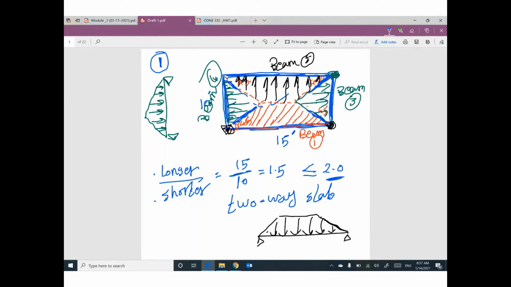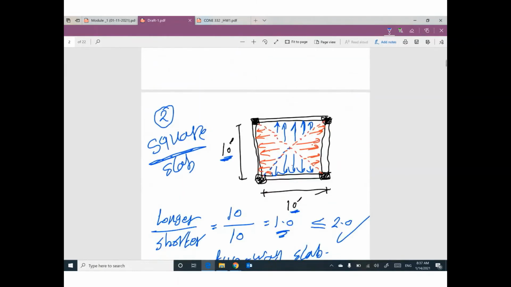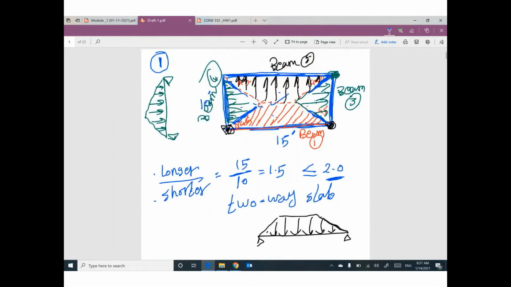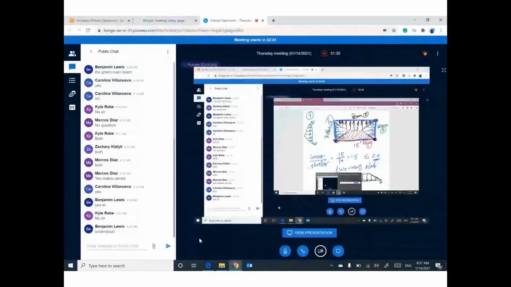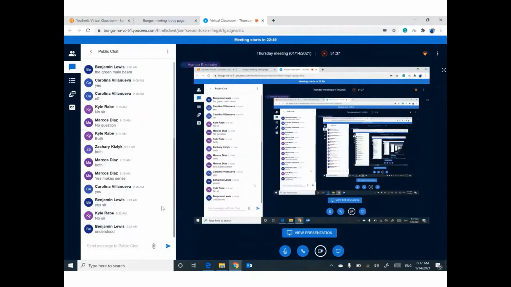Probably the final shape looks like two trapezoids and two triangles. Probably the final shape will look like four triangles. It depends on whether you have a square or rectangular slab. Looks good. We are walking slowly.